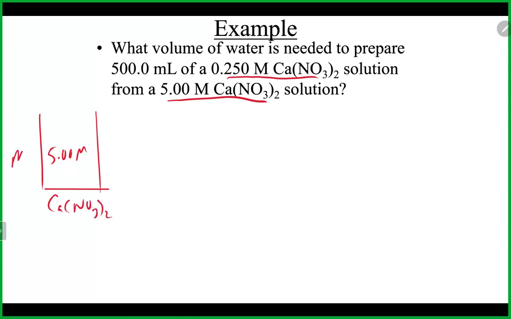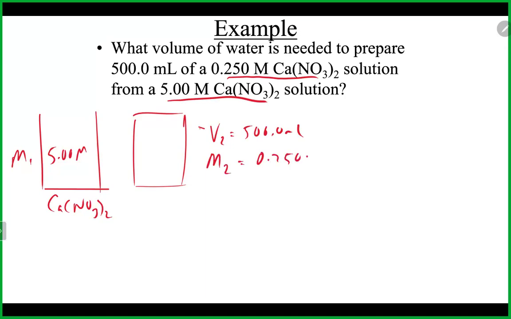And that would be like our M1. We once again want to make kind of a new bottle there, our container that is a volume of 500 milliliters and a new molarity of 0.25 molar in this case.